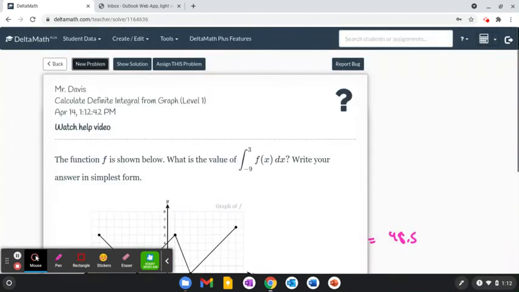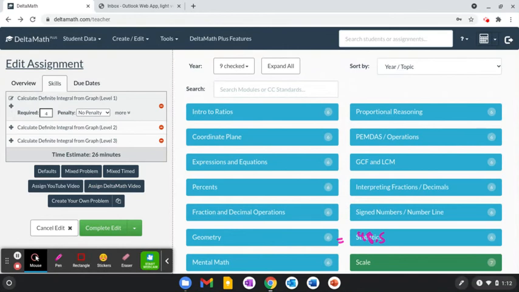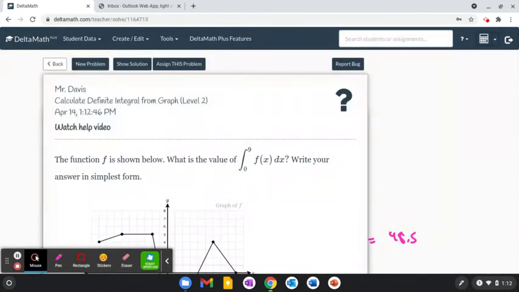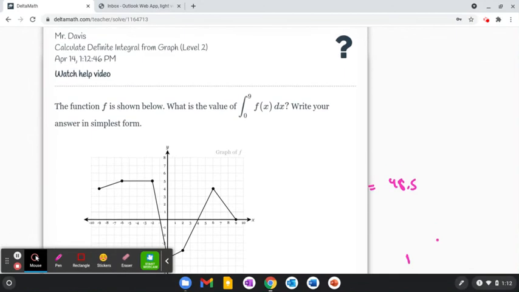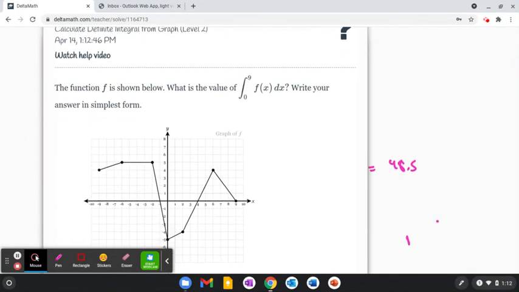All right, let's go and look at the next section. It's just level 2. All of these are just different levels. I don't know that they're much harder, except in the next one, level 2, you can have negatives. So go ahead and take a look at this one.